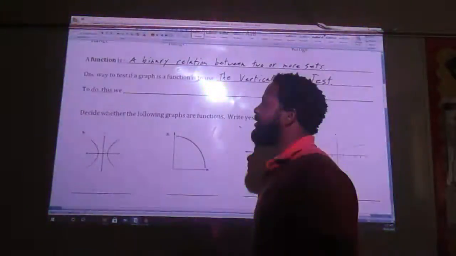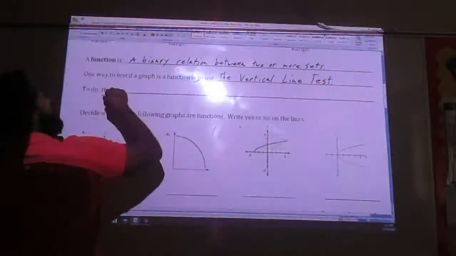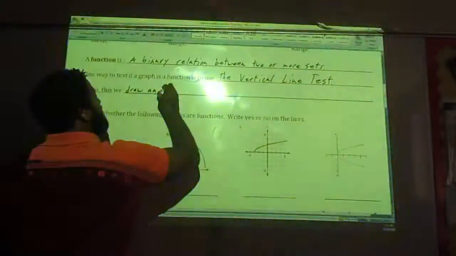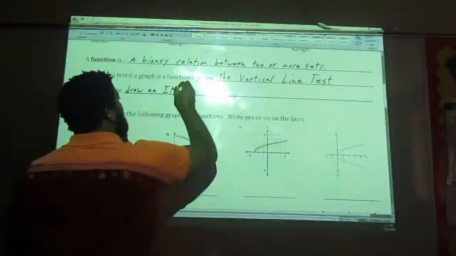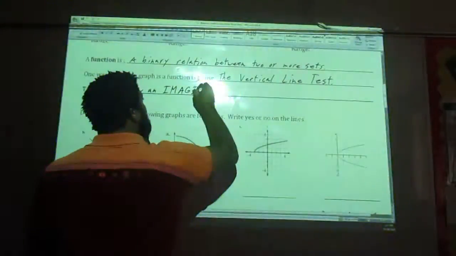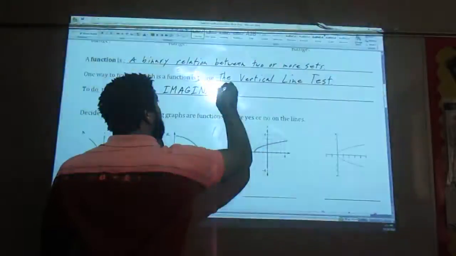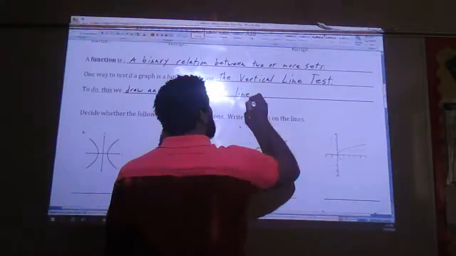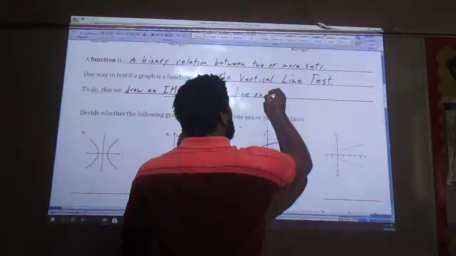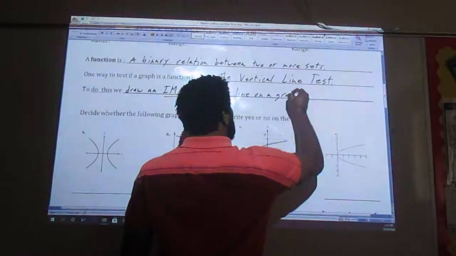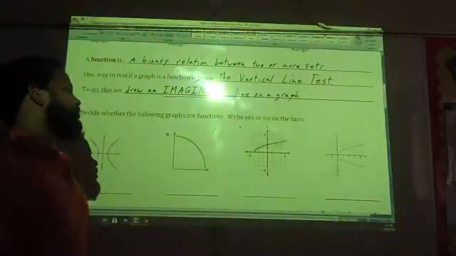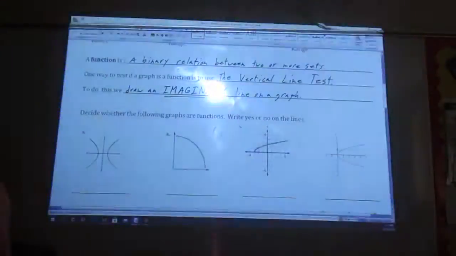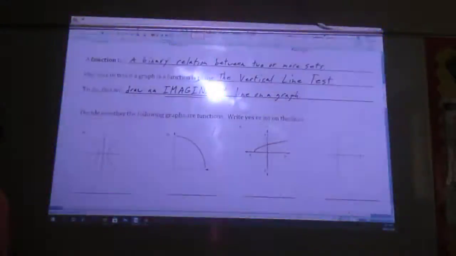Well, to do this, we just draw an imaginary line on a graph. Okay? So, long story short, we need to decide whether the following graphs are functions or not.